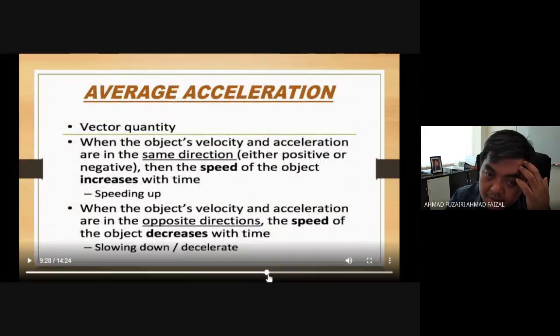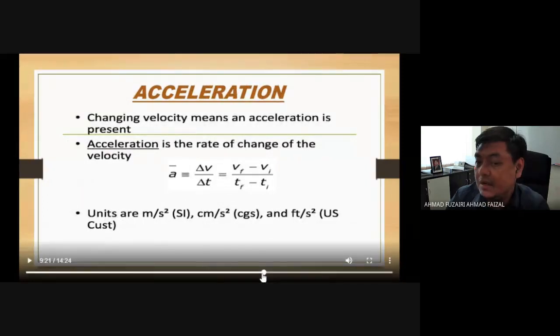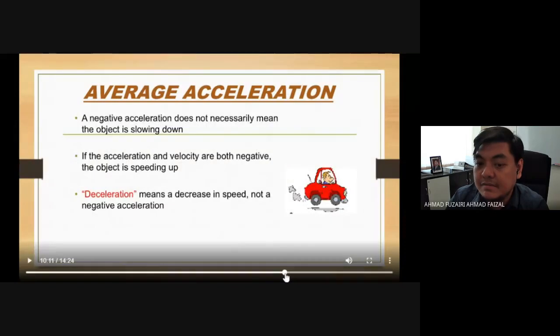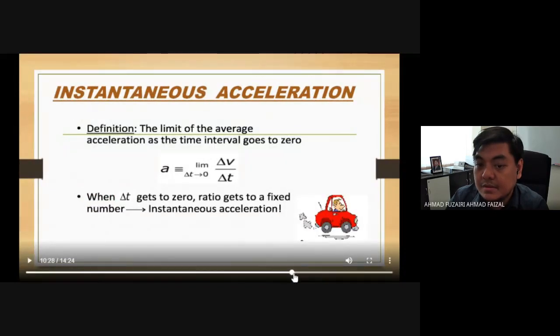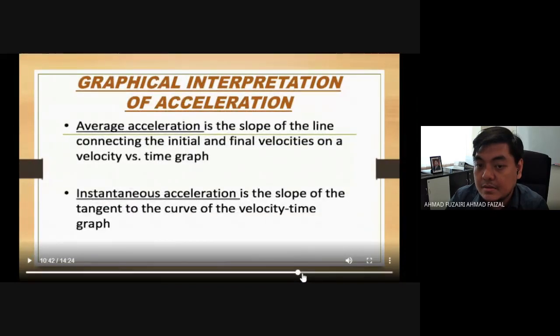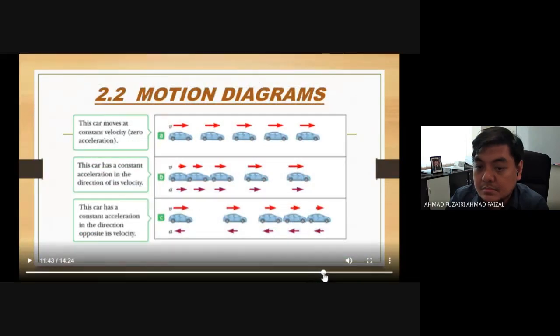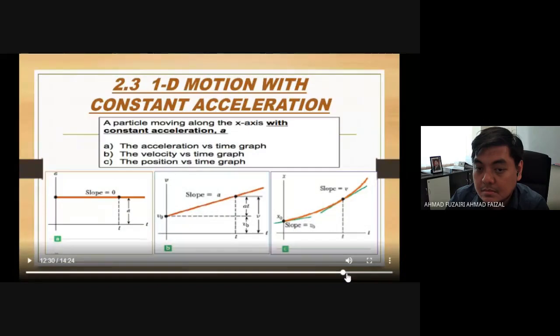Okay, so kalau acceleration biasa, acceleration lah kita calculate kan. But when it comes to graph, untuk dalam keadaan macam ni ya, contoh Adam, this is constant acceleration.